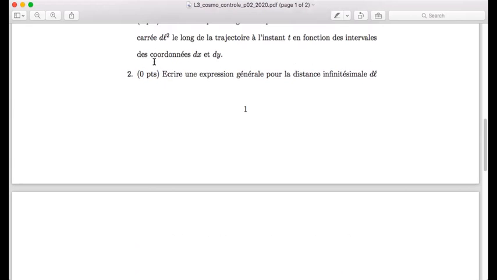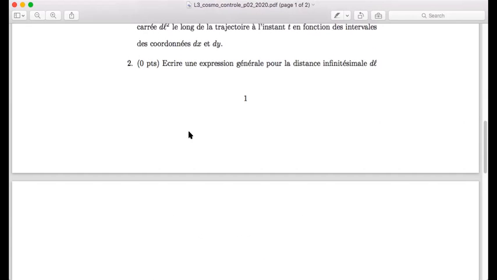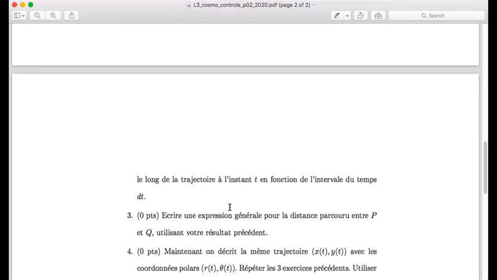Now bring the dt from the denominator on the left to the numerator on the right. So then you would have dl equals the square root of, if you like, (dx/dt) all squared plus (dy/dt) all squared.